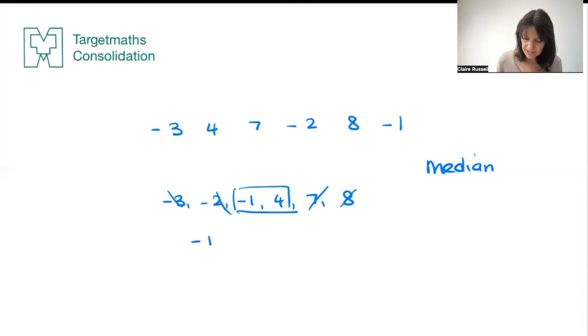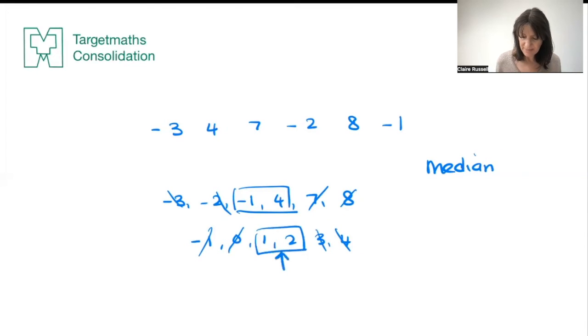So we're going to just extend this because it's the easiest way when they're fairly close together to do this. And we can just cross off again, still 2 in the middle, but slap bang between those 2 is 1.5. So my median is 1.5. If you got that right, really, really well done.